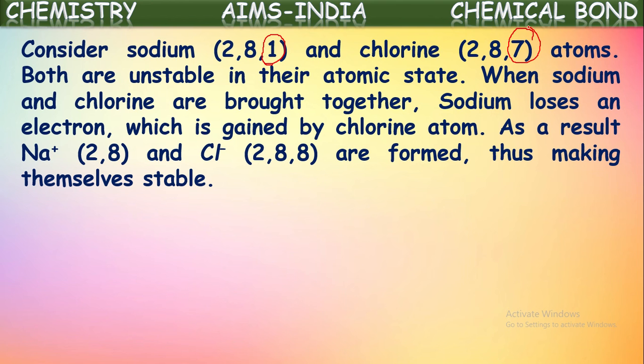Both do not have octet or duplet configuration, so they are unstable. When sodium and chlorine are brought together, both being reactive, sodium loses this one electron, which is gained by chlorine.